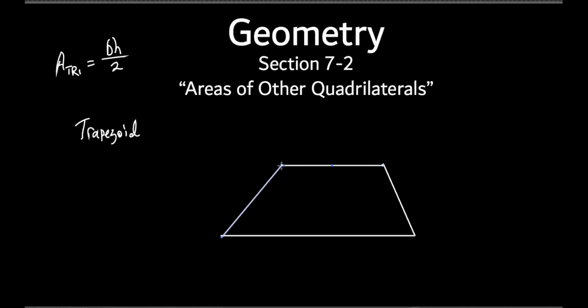Parallel to each other. Very good. All right. So there's a trapezoid right there. It's got 2 bases. We'll call that base 1. We'll call that base 2. But it has just 1 height. Where is the height? It's from anywhere on that top parallel line, perpendicular to the other base. Okay, so it's perpendicular to the 2 bases. That is your height. You only have 1 height on a trapezoid, but you have 2 bases.